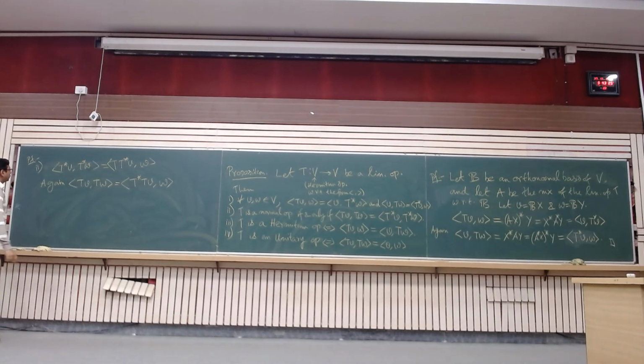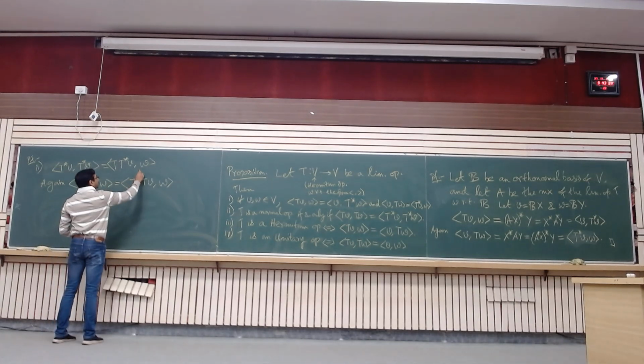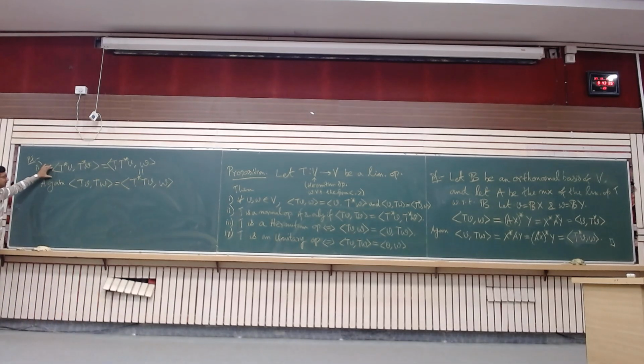Now note that we know TT* is equal to T*T, so we can equate these two things. When we equate these two things, we are just getting that this and this are equal.